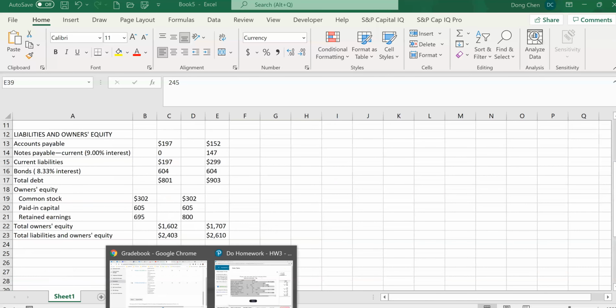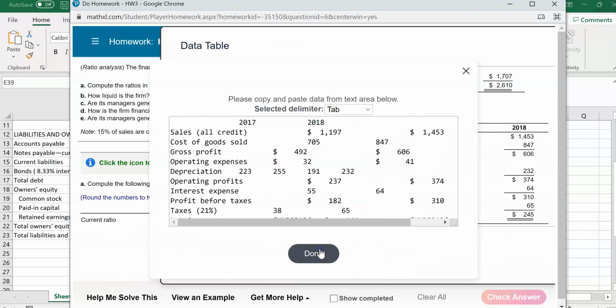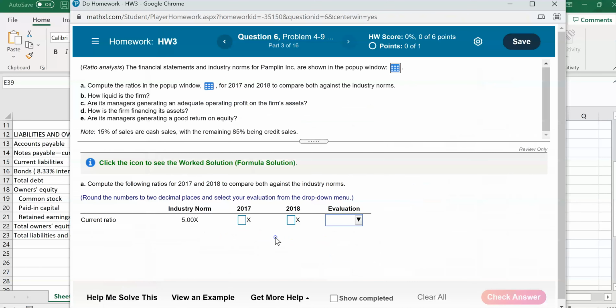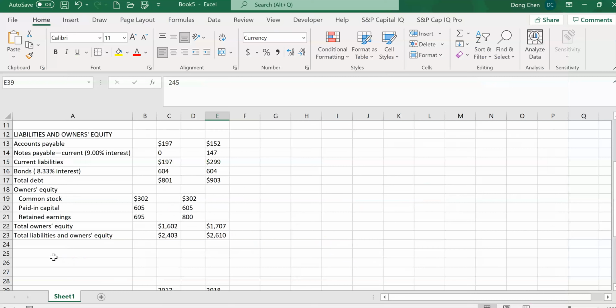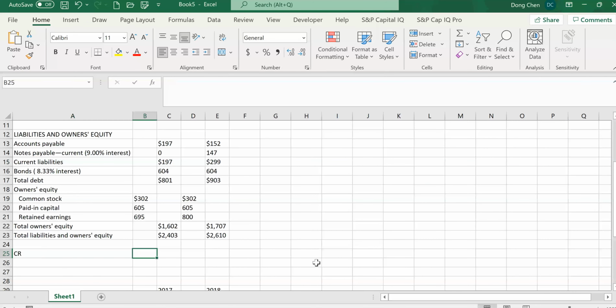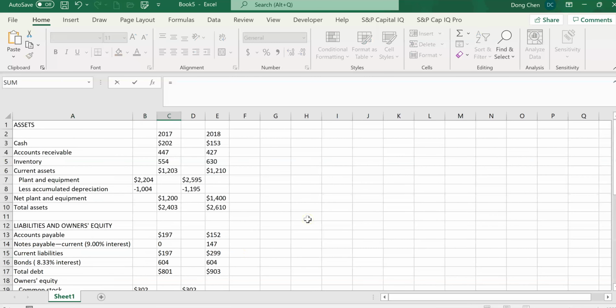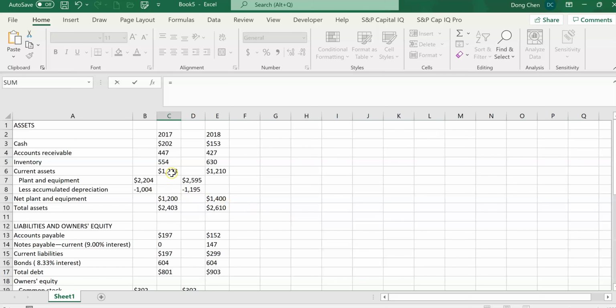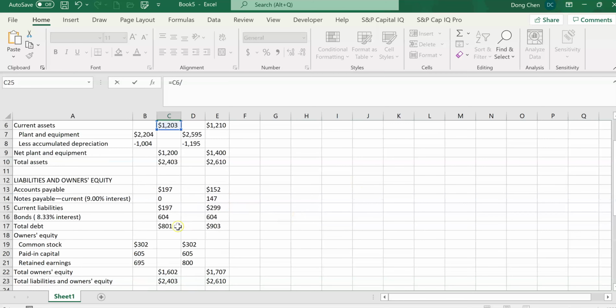Again, going back to our first part, which is the current ratio. So current ratio is current assets divided by current liabilities. So current ratio could be calculated from the balance sheet, right? So that equals current assets, which is right here, divided by current liabilities, which is right here.